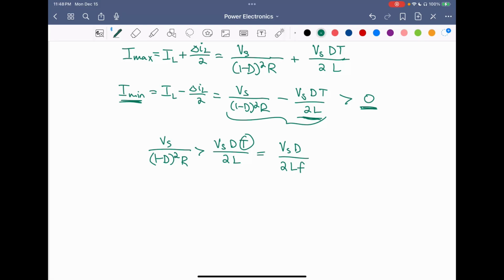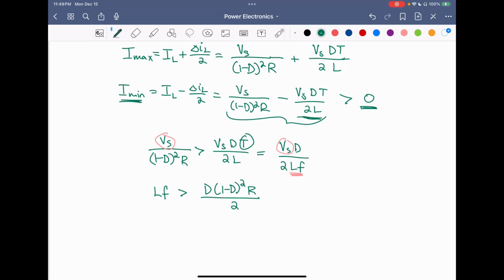Now, we can see that in this inequality, we have the Vs on both sides. So we can cancel that out, and we can move L and f, which are parameters that we can control in our design of the boost converter, to the other side. So then we have Lf is greater than D times (1 minus D) squared R over 2.